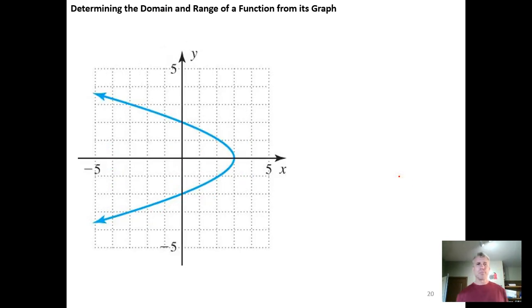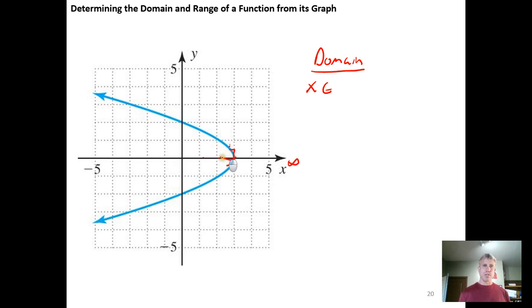So last example. So domain, where do the x's live? And what we can see is the furthest we get up as we move towards positive infinity on the x-axis, the furthest this graph gets is right here, over at 1, 2, 3.